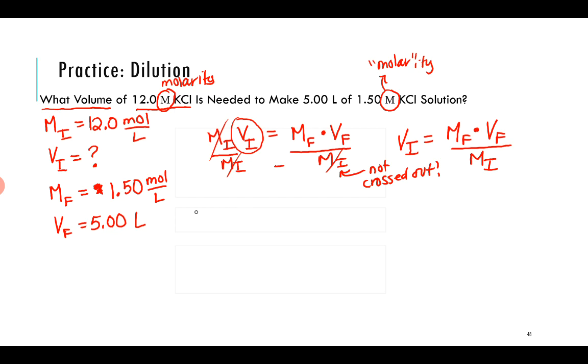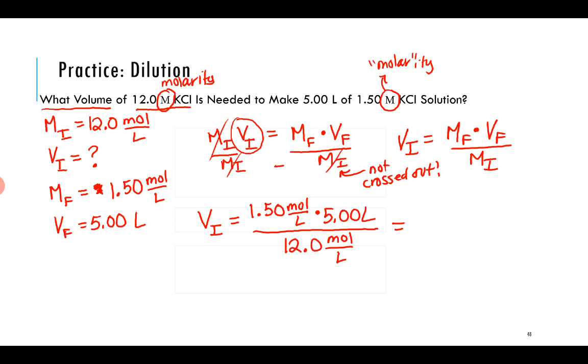All right, so now I can plug in my numbers. V initial is going to be equal to my final molarity, 1.50 moles per liter, times my final volume of 5.00 liters, and then I'm going to divide that by my initial molarity of 12.0 moles per liter.